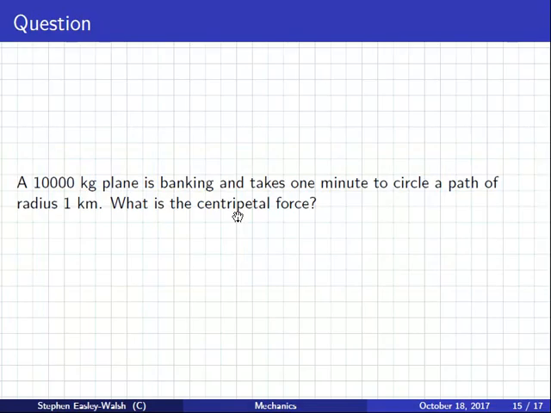Okay, so calculate the force here, please.